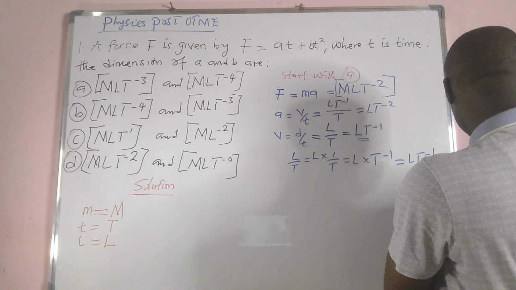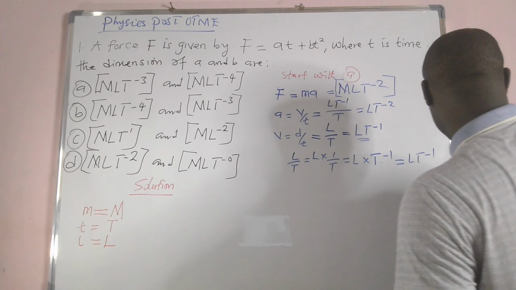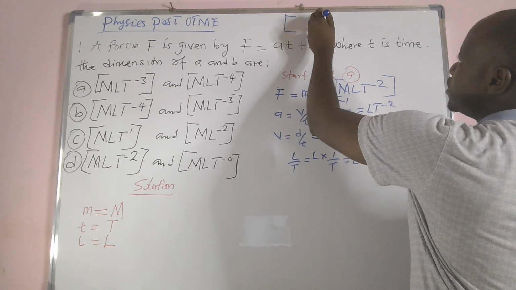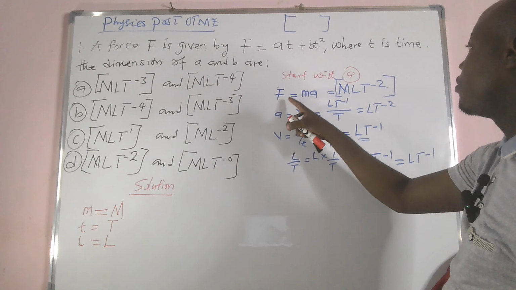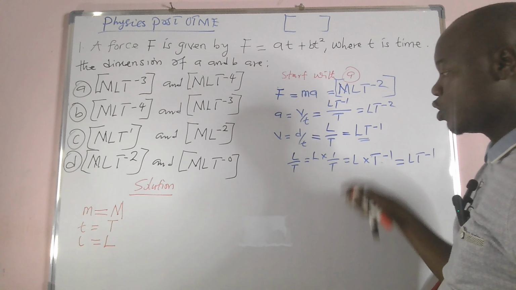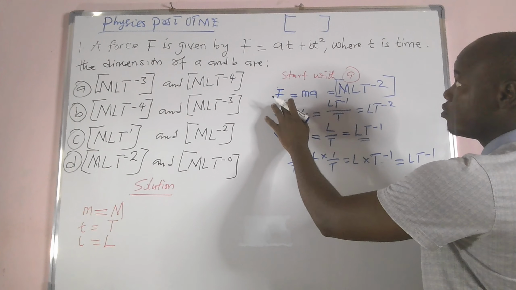In physics, whenever you see this square bracket, it means dimension of. So the dimension of force here is equal to MLT⁻².